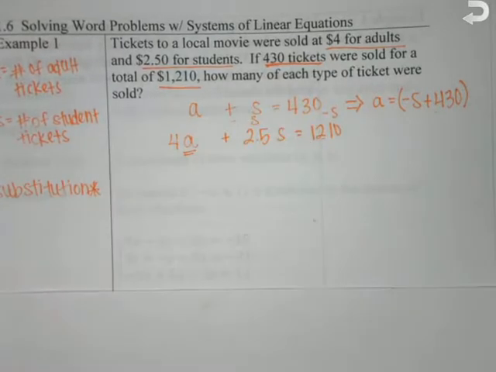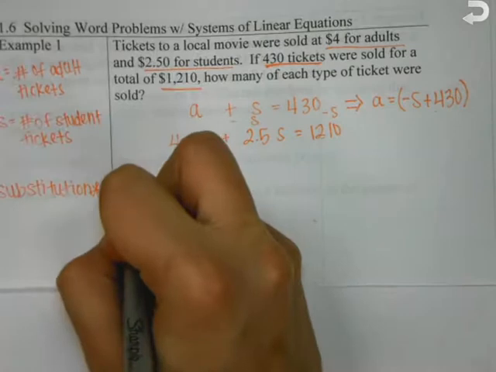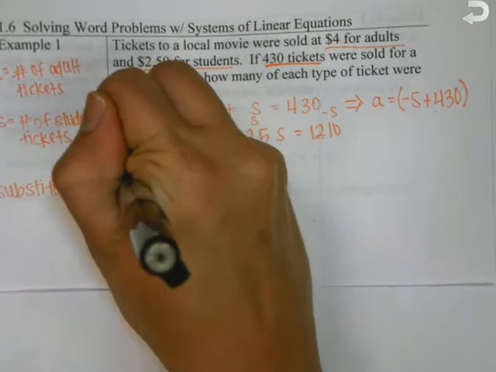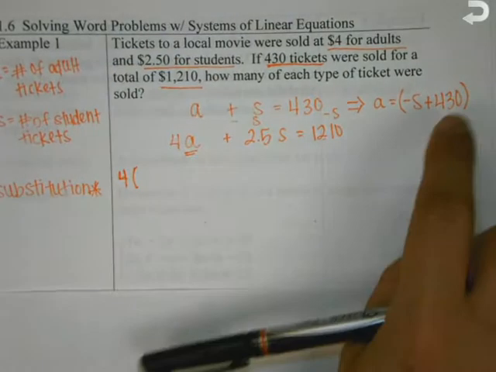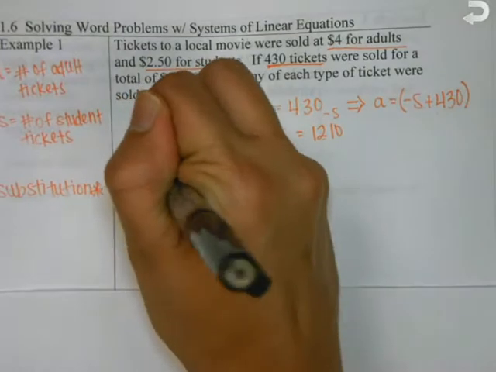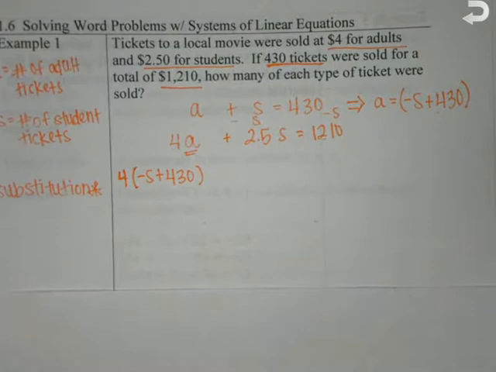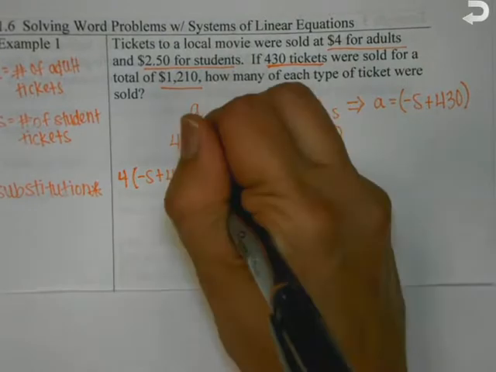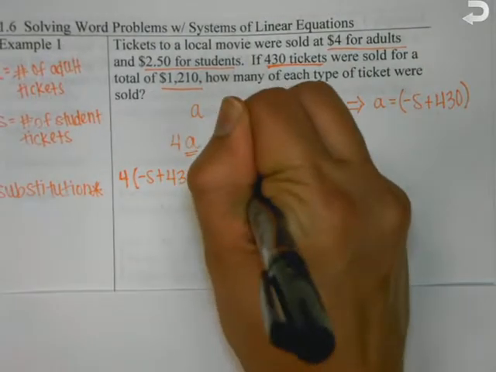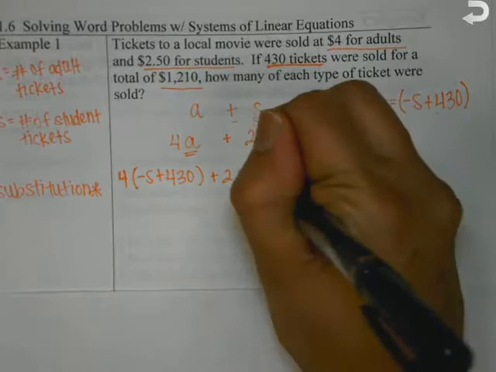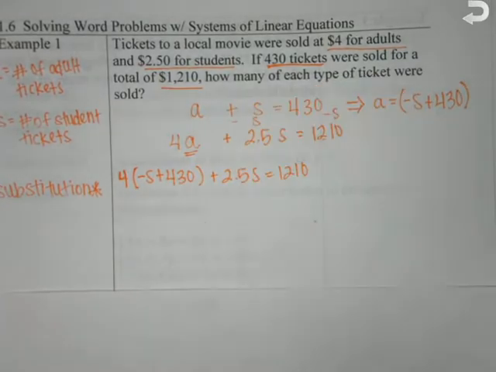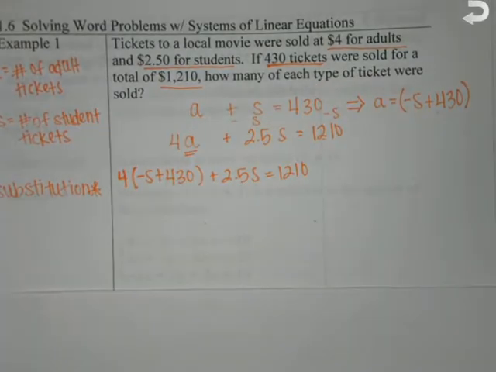So let's write a new equation. That's 4 times A, which is negative S plus 430, plus 2.5S, equals 1210. So then let's distribute.